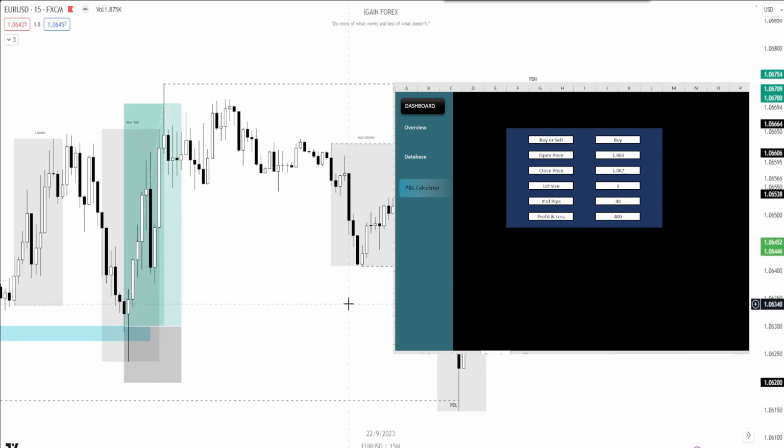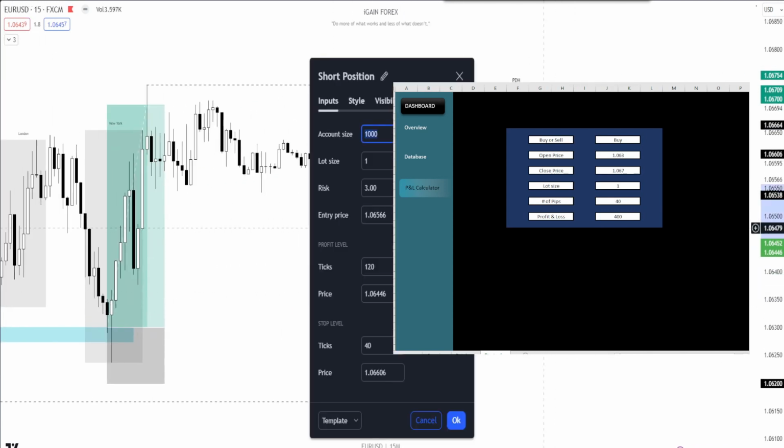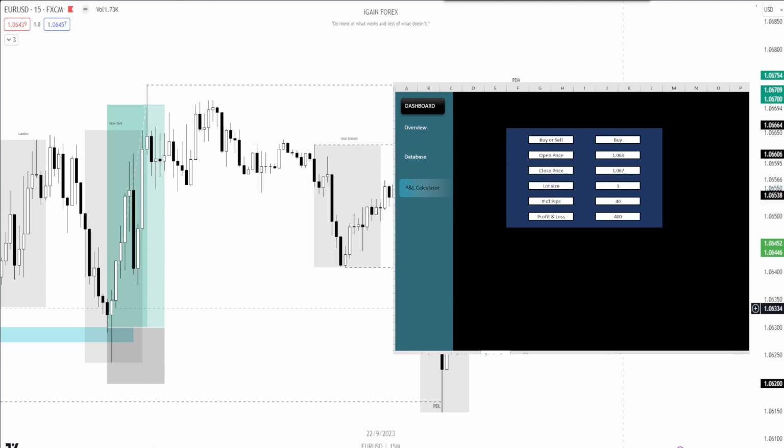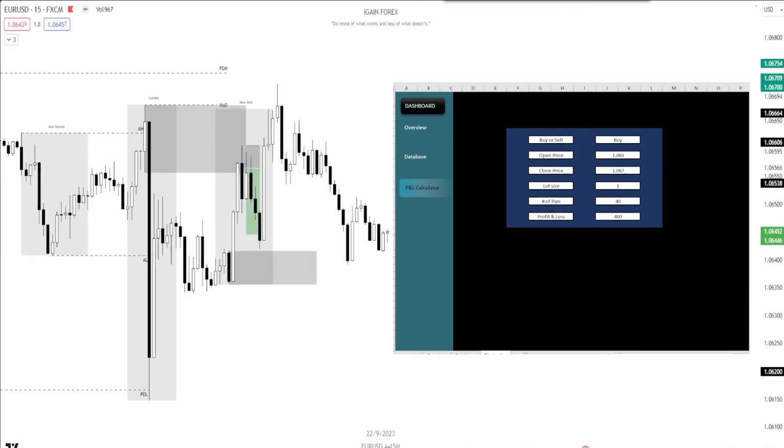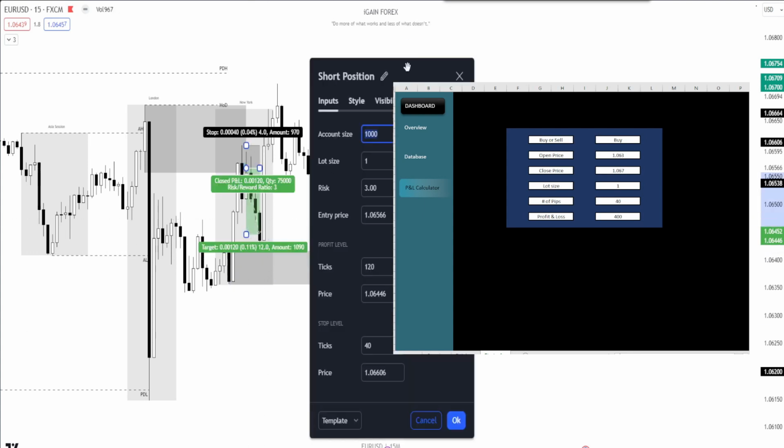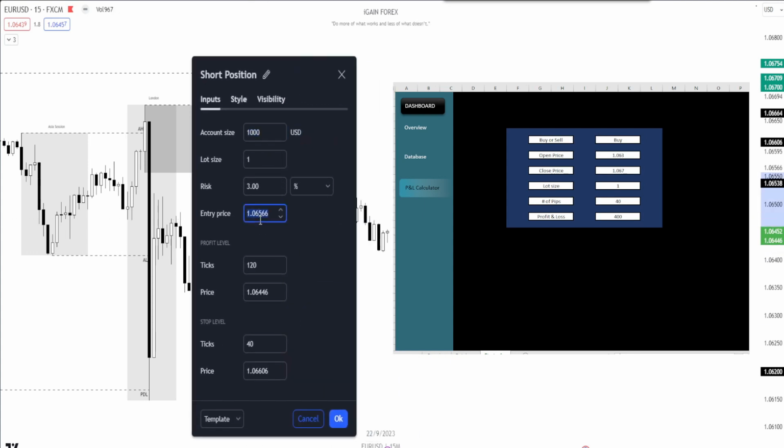Okay, so let's take another example here. This is for a sell. Let's copy this entry price, just copying it and putting it in.